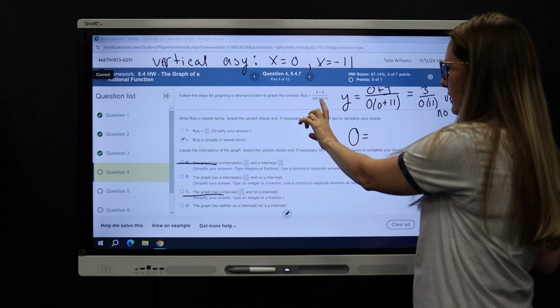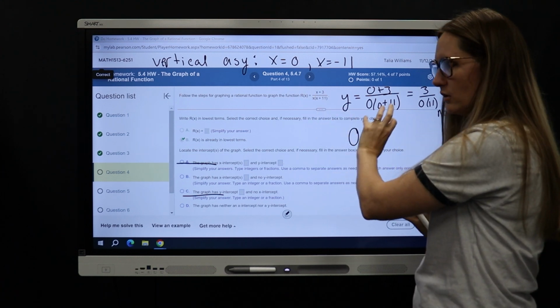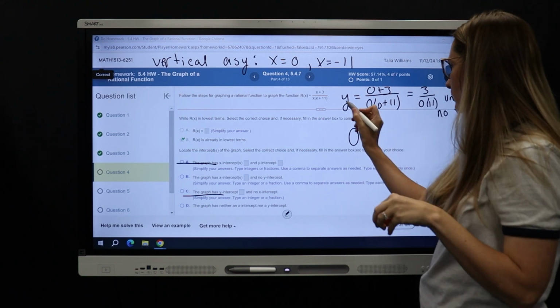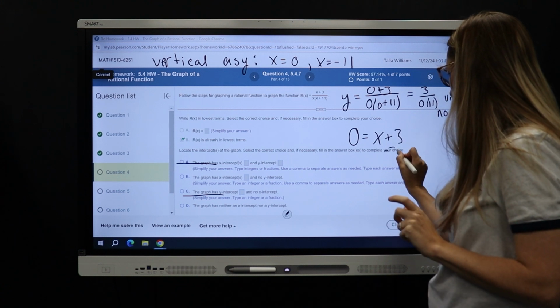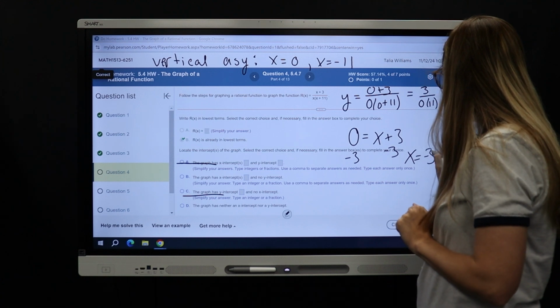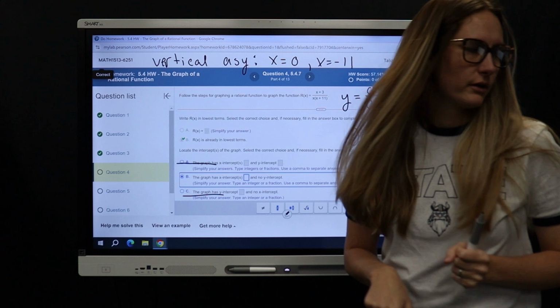So when I multiply this x times x plus 11 by 0, it's gone. So when you're solving for your x-intercept, you can just do the numerator. And then I'd subtract 3, so x equals -3. Okay, so my only intercept is -3 right here.